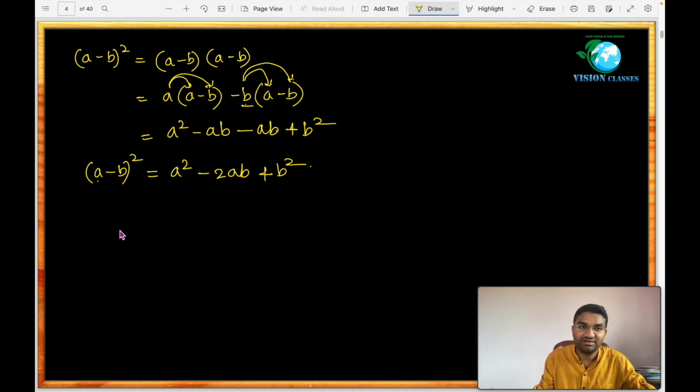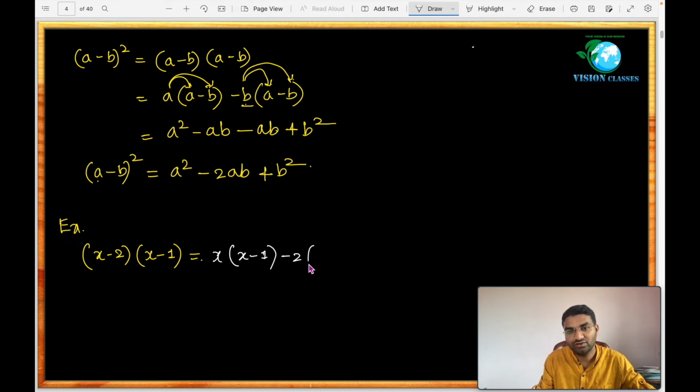So we will take one example and then you will get how to utilize this one. So let's say first question, you have to expand and simplify x minus 2 and x minus, let's say, 1, okay? So how will you expand this one? X times x minus 1, minus 2 times x minus 1, okay?